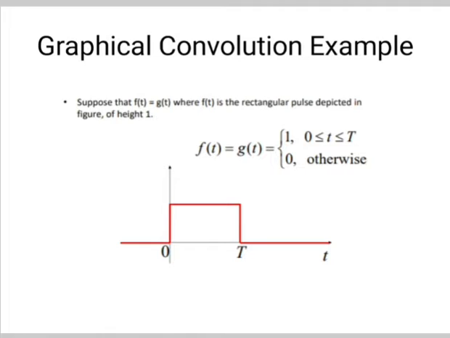Now there is one more point, that is the classification of LTI discrete time systems. First is based on the impulse response length. If the impulse response h[n] is of finite length, then h[n] is equal to 0 for n less than N1 and n greater than N2, where N1 is less than N2, and then it is known as a finite impulse response, that is FIR, discrete time system.